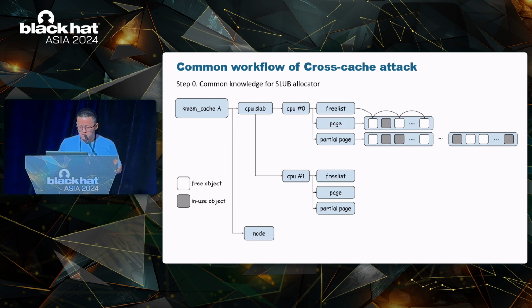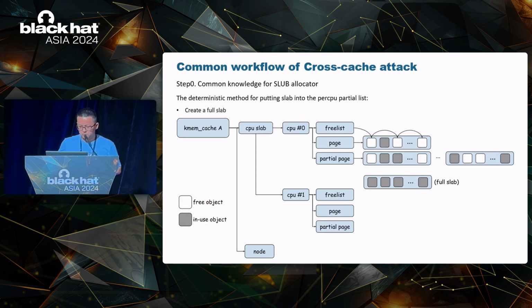There are per CPU slabs for every CPU for accelerating allocation. We need to pay attention to the partial list, which may contain many slabs. The per CPU partial list is a really important part which we need to manipulate during cross-cache. As for the partial list, there is a deterministic method to put a slab into it.